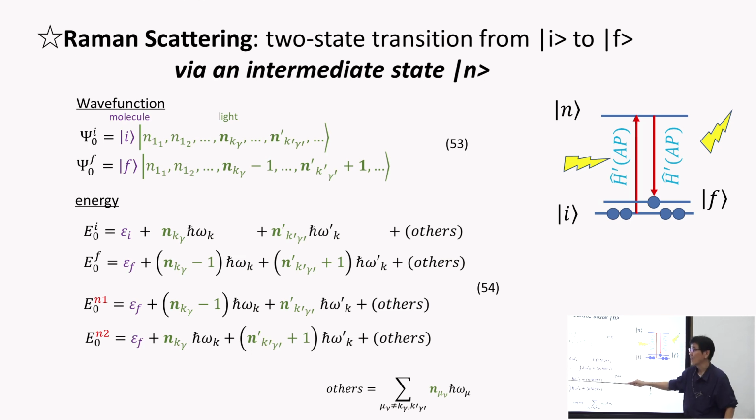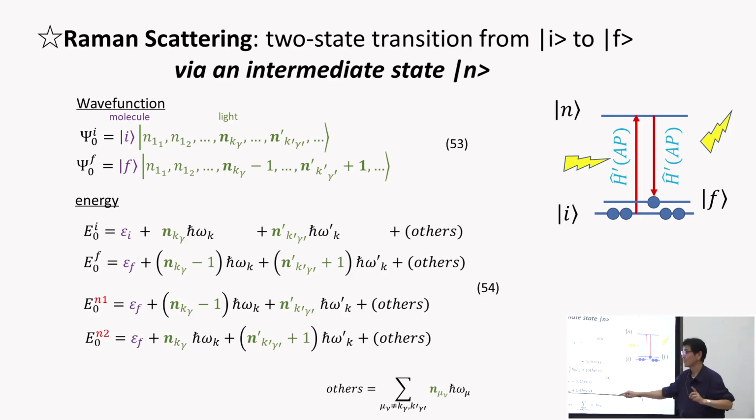So minus plus. This is the first pathway. When we consider N2, we can think about the possibility that in the first step from initial to N2, the photon increases 1. Then during the transition from N2 to F, the other decreases 1.